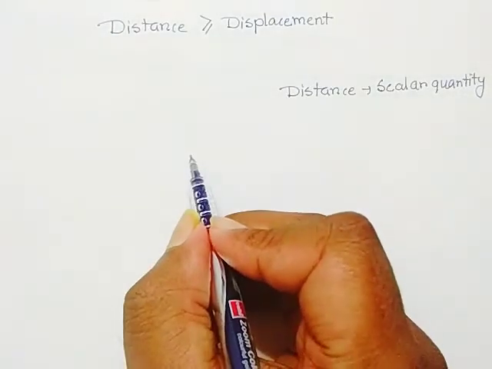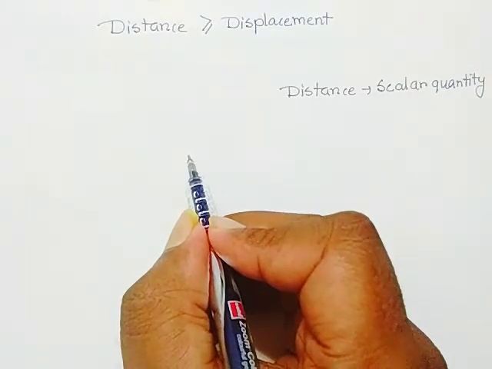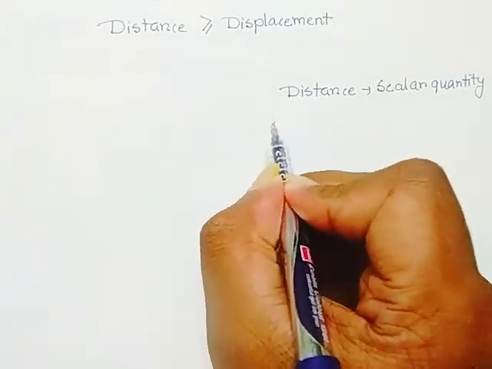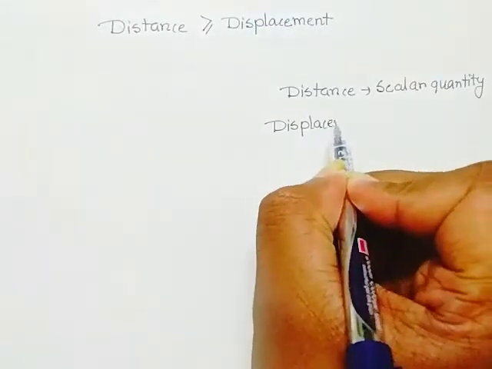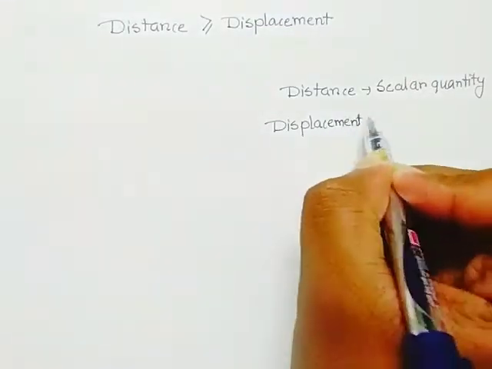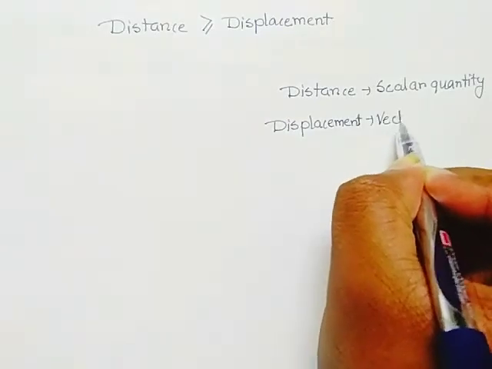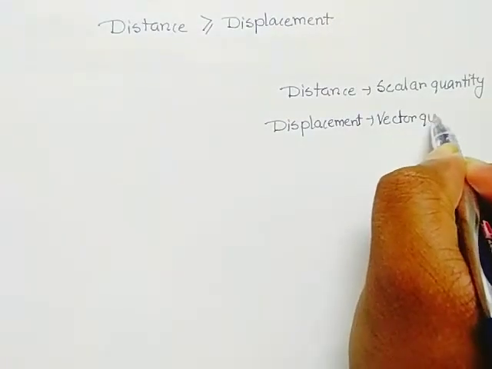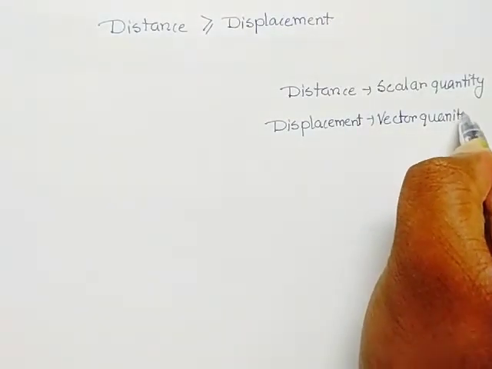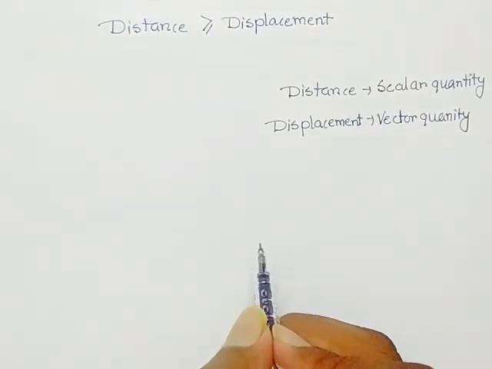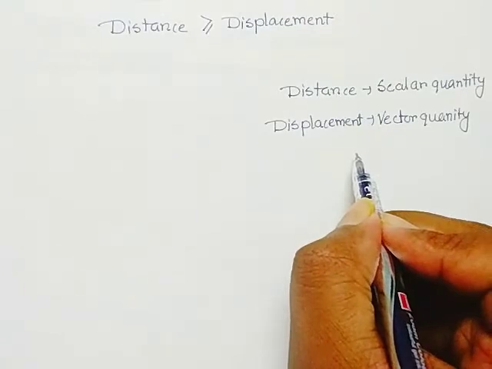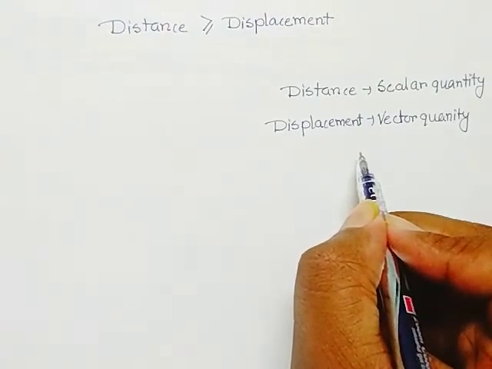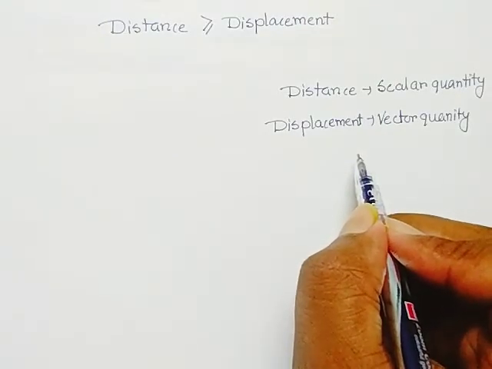It has only value or magnitude. But the displacement is a vector quantity. It has magnitude and direction, and the direction is from the initial point to the final point.